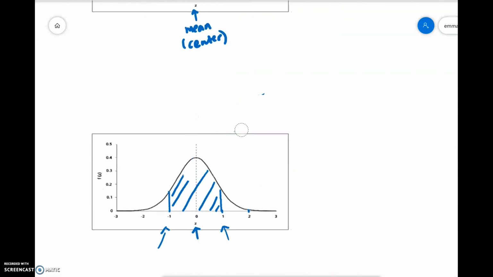I can also talk about the shading from -2 to +1. Then what we know from this is that between -1 and 1, I have 68% of the data.